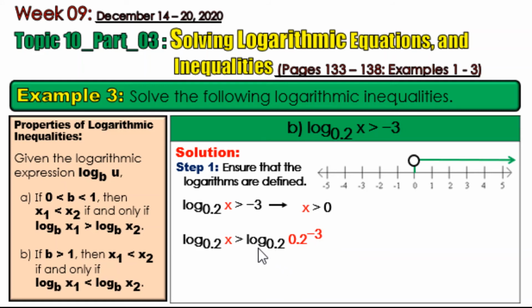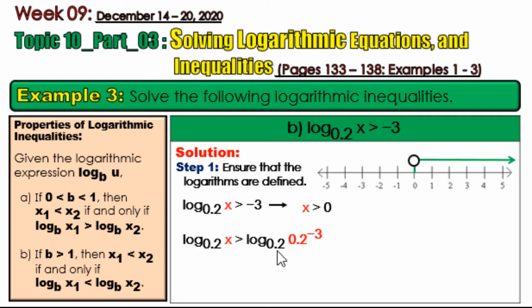We all know that if we have the same base, the base of the logarithm and the base of the argument, the value of that is the exponent of the argument. So your negative 3 can be expressed as this.